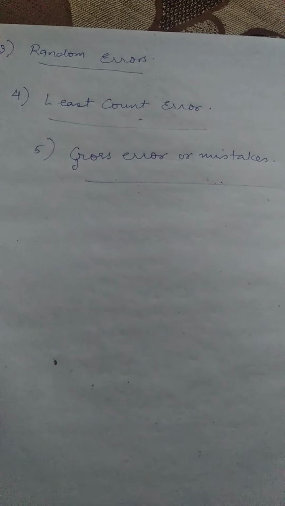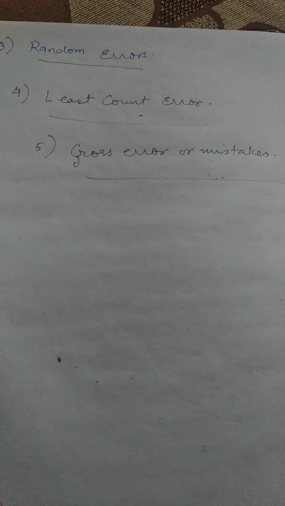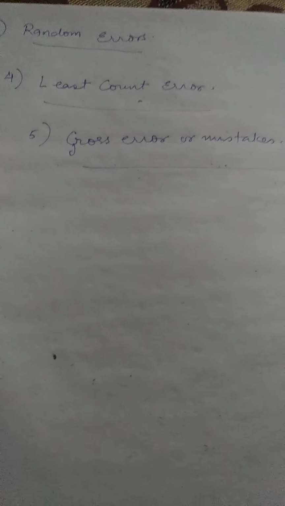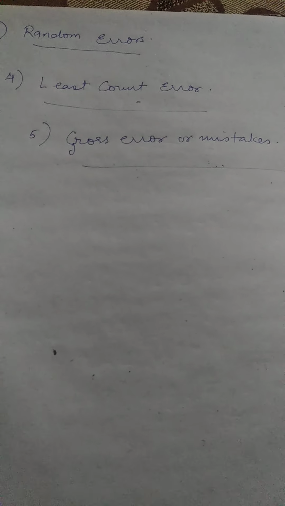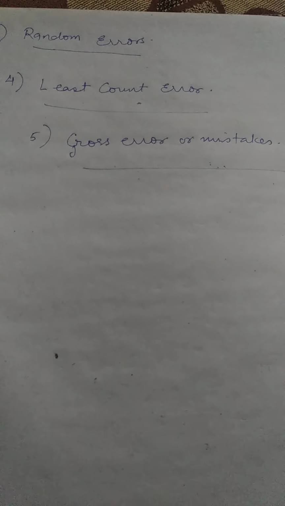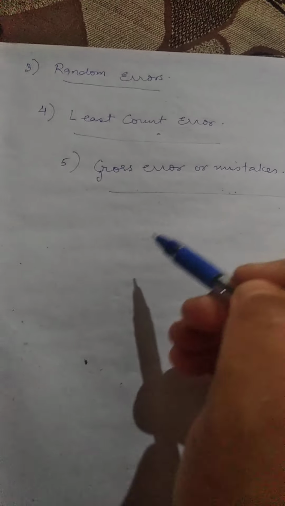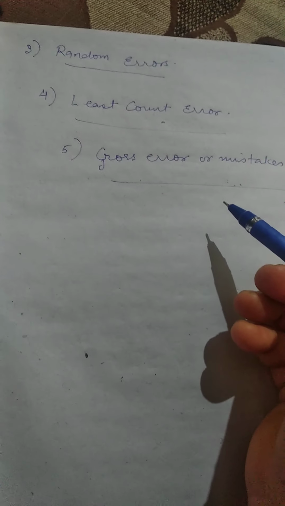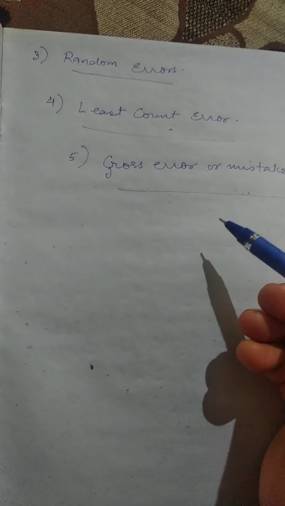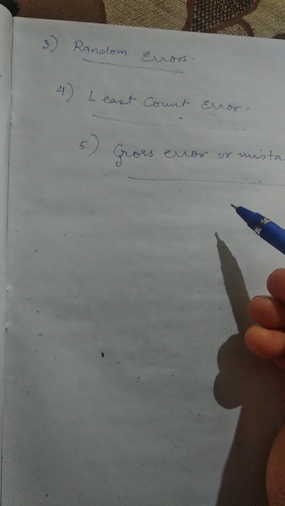If you go on making mistakes every time while measuring the physical quantity, it may be due to your carelessness, not using proper apparatus, not following any rule. So there will be a gross error in the reading, and that cannot be corrected. So these are all the types of errors.